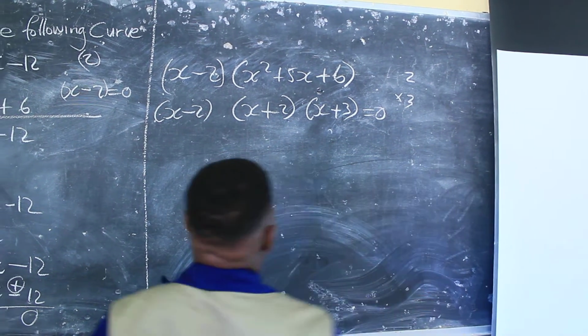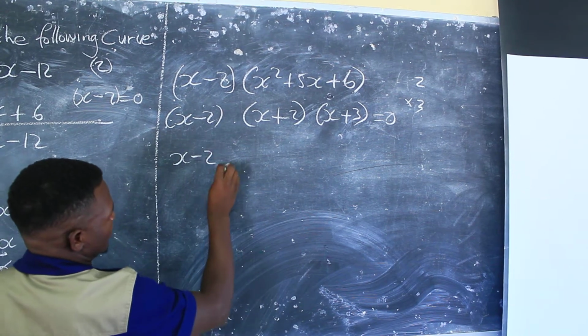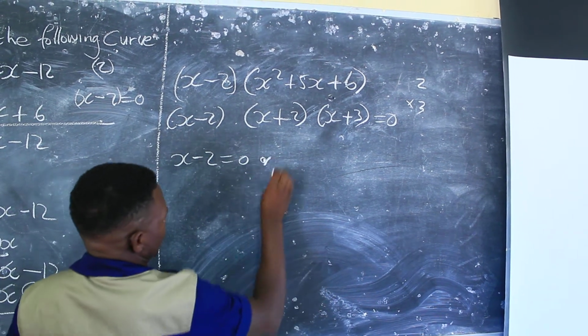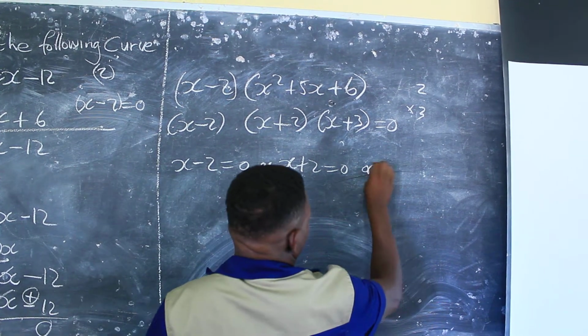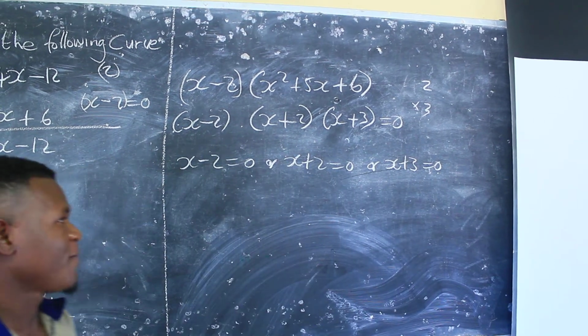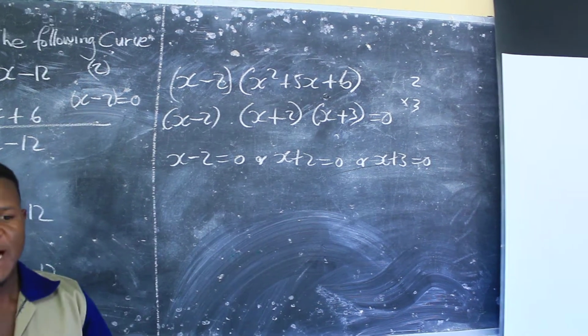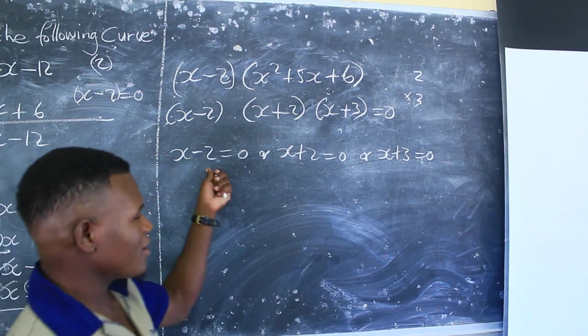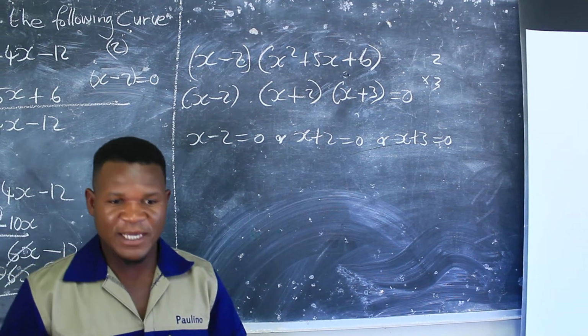Now, I need to get the values of x. x minus 2 equals 0, or x plus 2 equals 0, or x plus 3 equals 0. Now, how do I get the value of x? I introduce the additive inverse of negative 2.